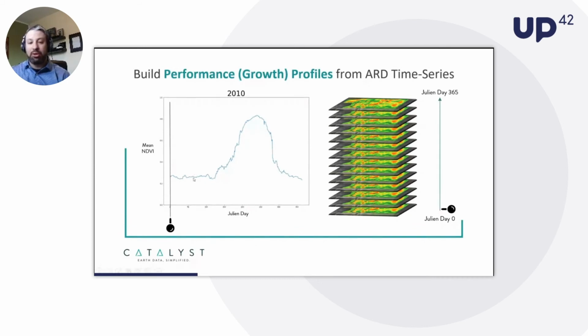We plot this on a graph over time, which basically indicates the growth curve. This is important for a particular field growing a particular type of crop in a specific area. If you're growing different crops, you have to compare the correct crop type to make sure that you're comparing the right profiles.